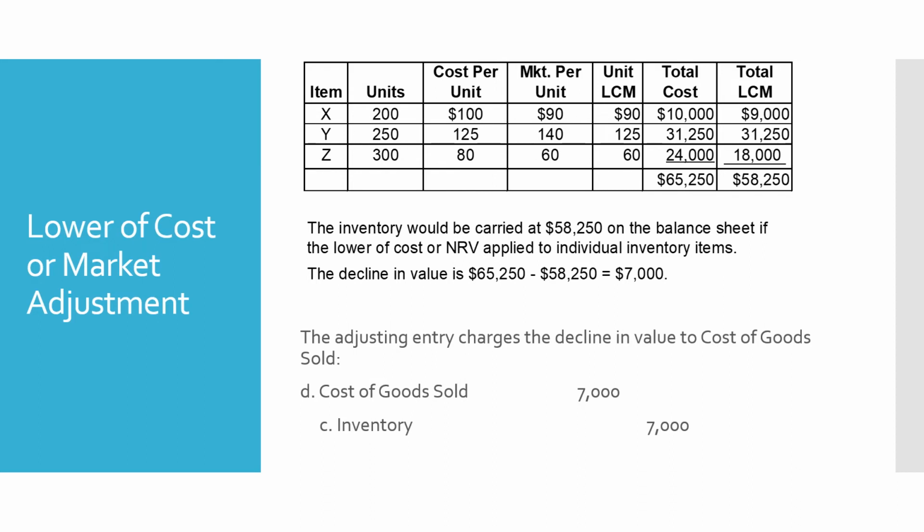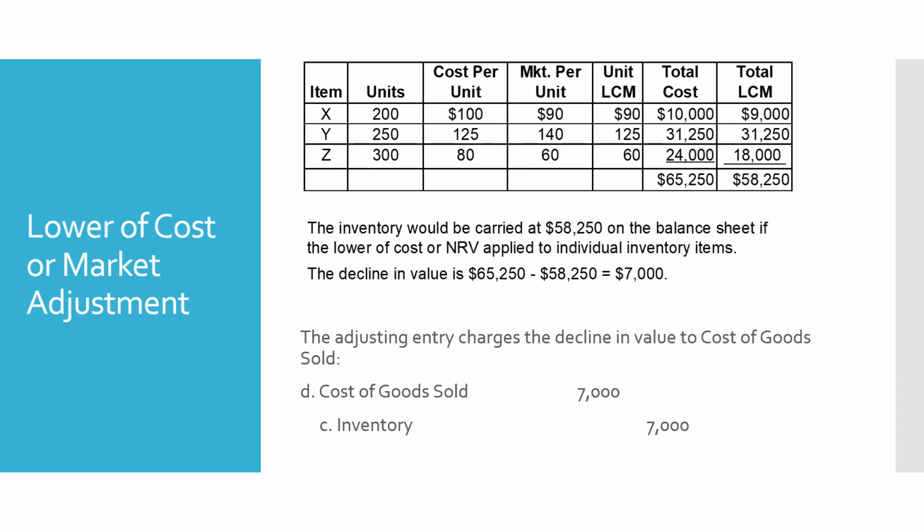So the cost for those units is 31,250, and then for the 300 units of Z that we have on hand, cost was 80, and so that means that the total cost is 24,000. So if we add up those three numbers, we get 65,250. So if we were to look in our inventory account right now, the balance in our inventory account reflecting the cost is 65,250.